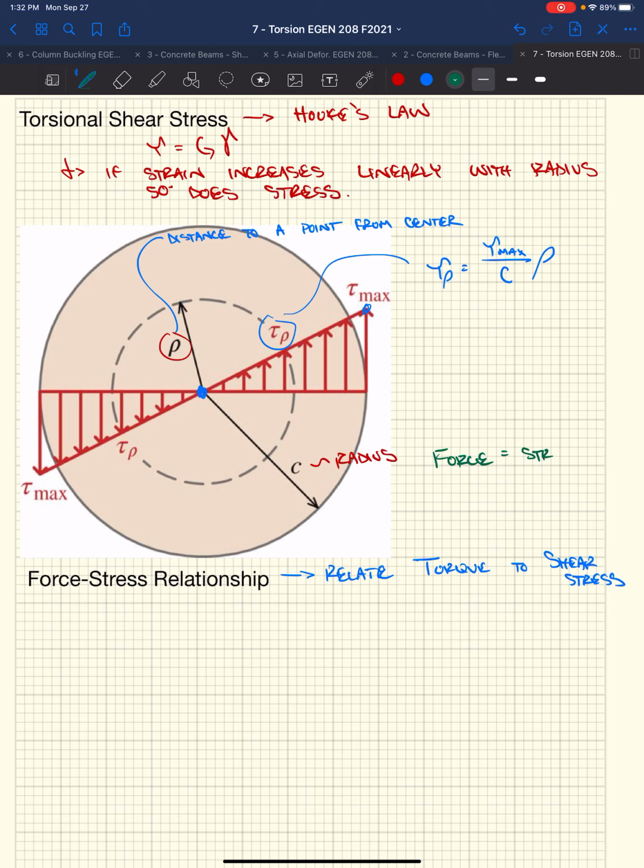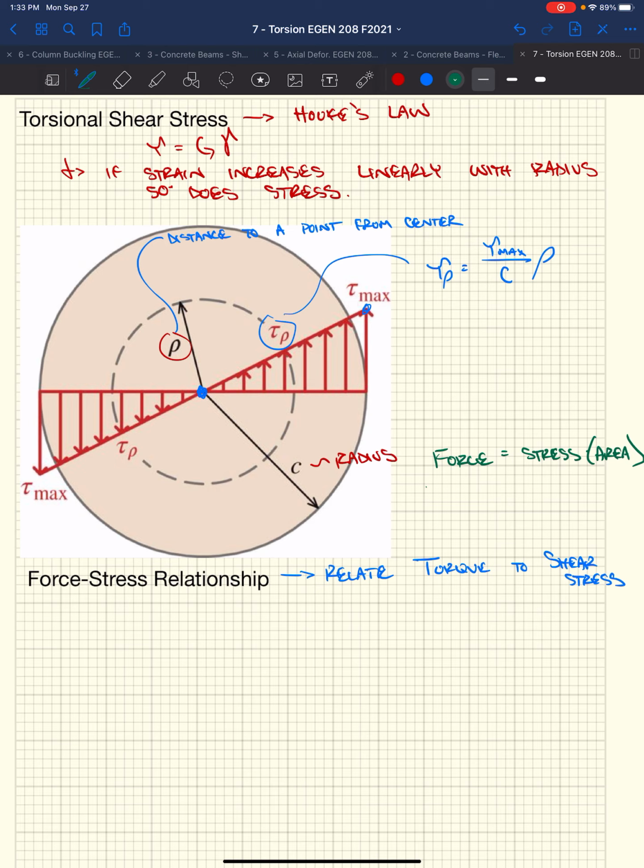Force is stress times an area, right? We want to get to torque. We're starting at stress. Well, I know stress times area gives us a force.